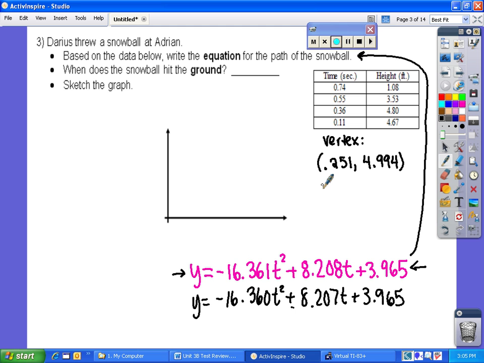Alright, next thing we need to find is the x-intercept when it hits the ground. And that's going to be 0.803.